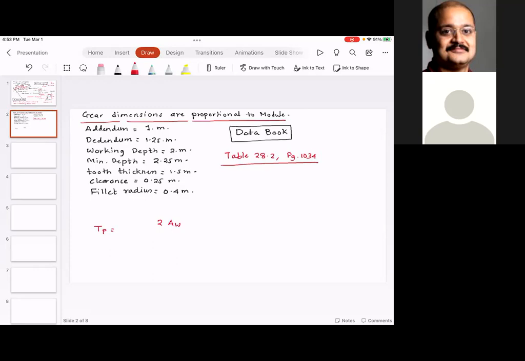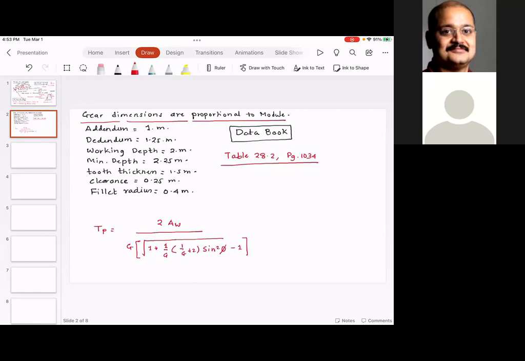You can use it to find the minimum number of teeth, and it comes from the geometry of the gear: 1 plus 1 divided by G, times 1 divided by G plus 2 sine square phi, where phi is the pressure angle, and please note the square root extends up to this point, minus 1.